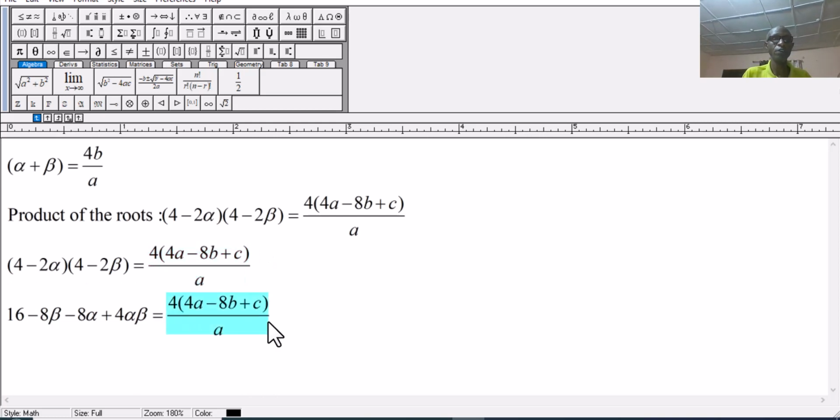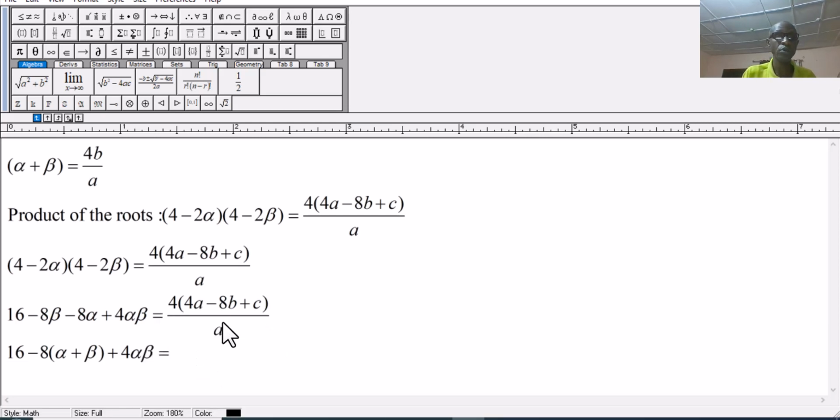So I'm going to simplify this now for us to apply. So we have 16 minus 8 into alpha plus beta plus 4 alpha beta equals to that.